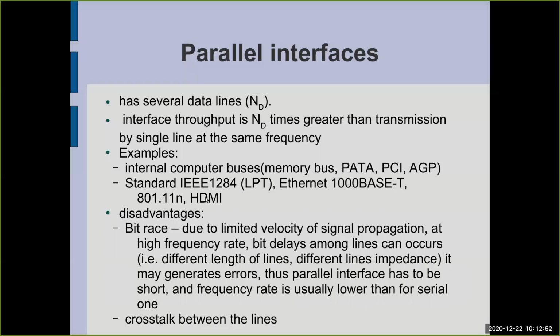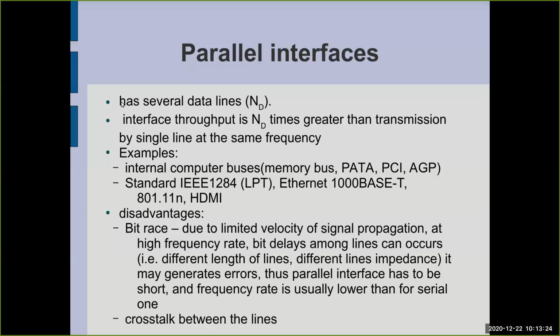Okay, so the benefit is that if we multiply the number of lines, so we have not 1 data line but, let's say, 8 data lines, in theory, if we use the same bit duration or data frequency, we can achieve N times improvement. So we can send N times more data.